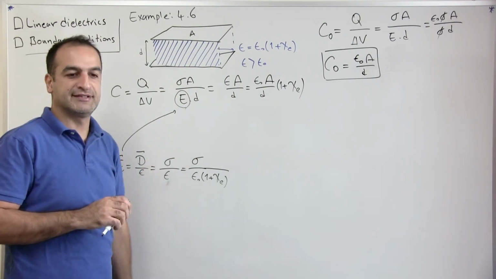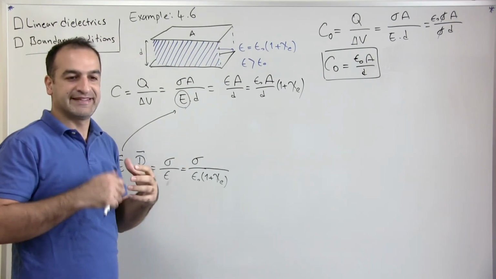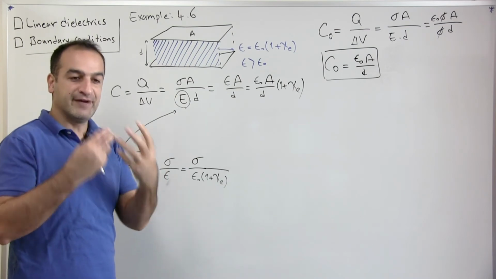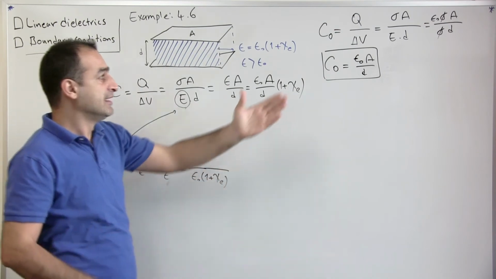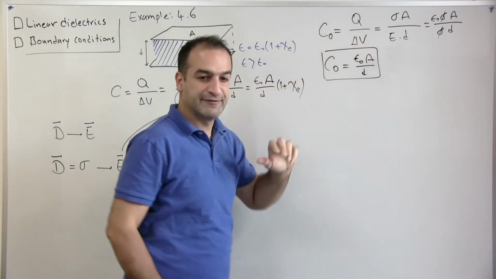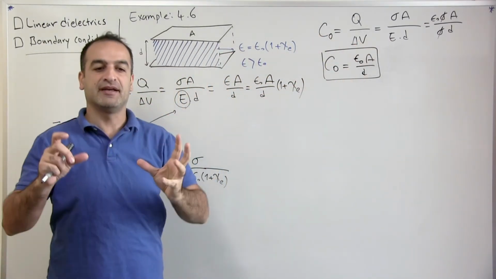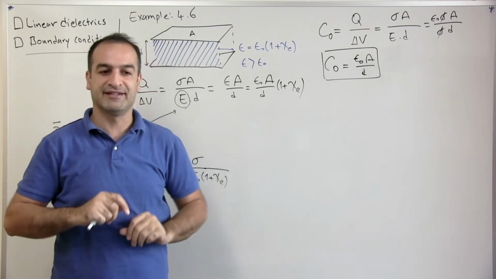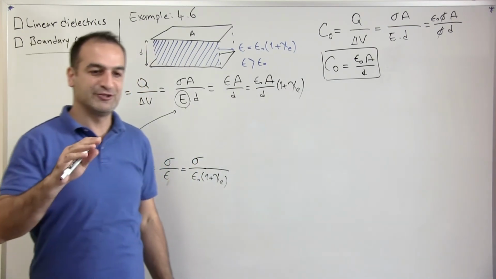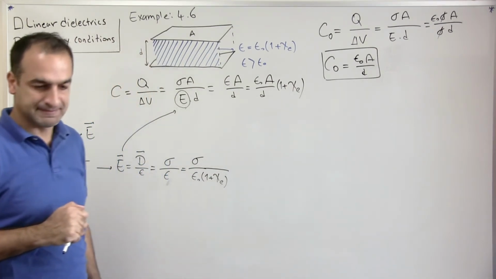And those are interesting because you have one capacitor, but in terms of the calculation of the delta V and electric field, you have a couple of capacitors connected to each other in series and in parallel, okay? I hope you will enjoy working on those two problems.